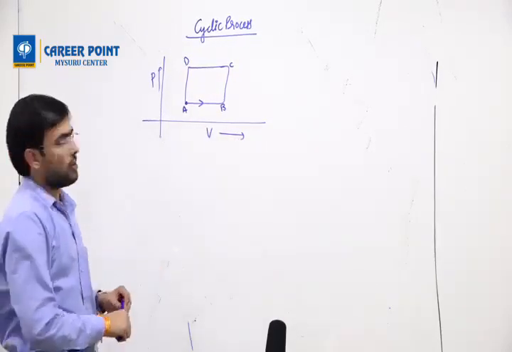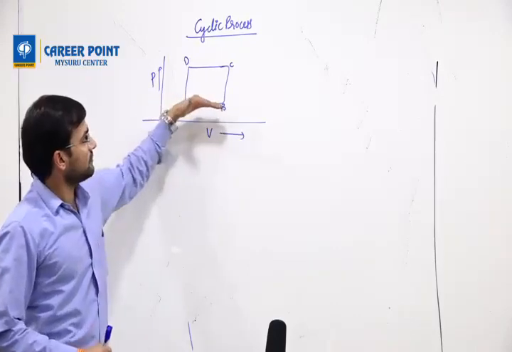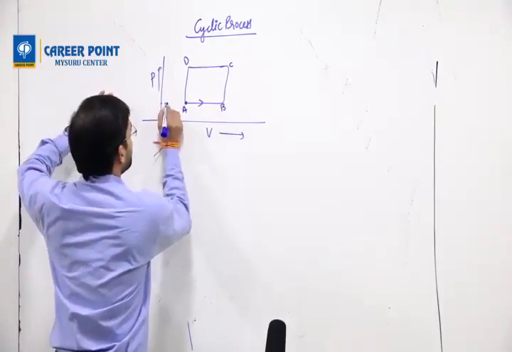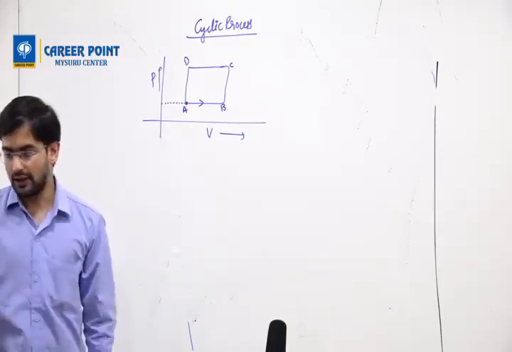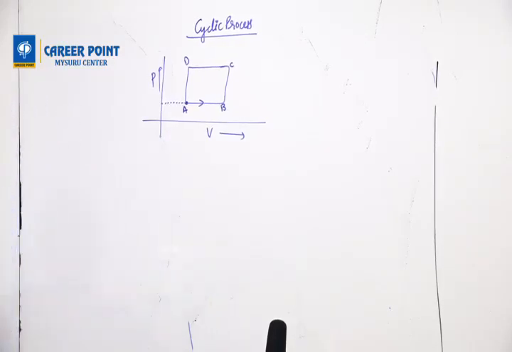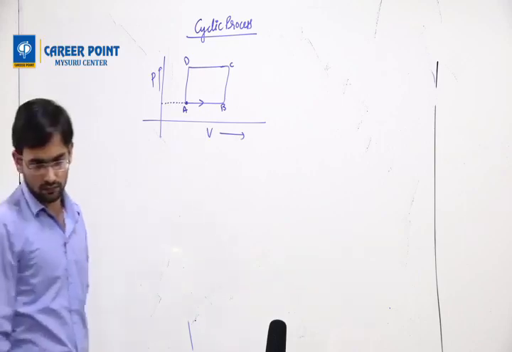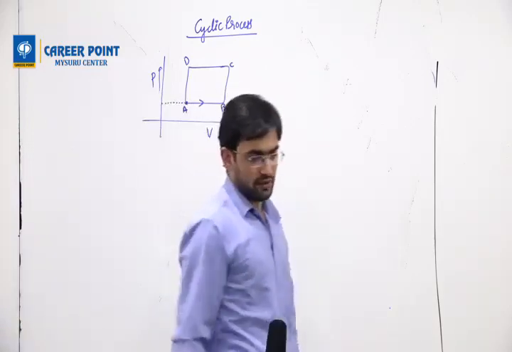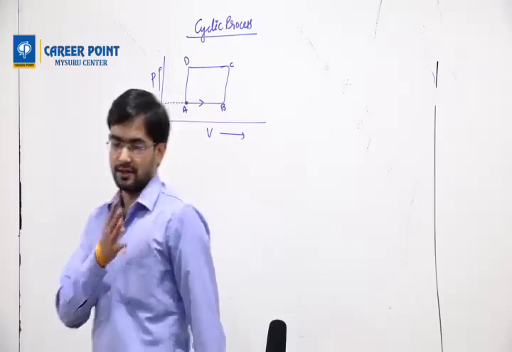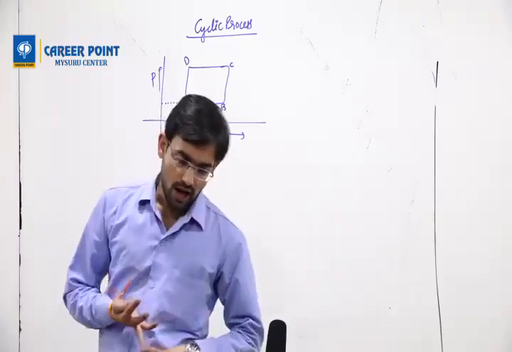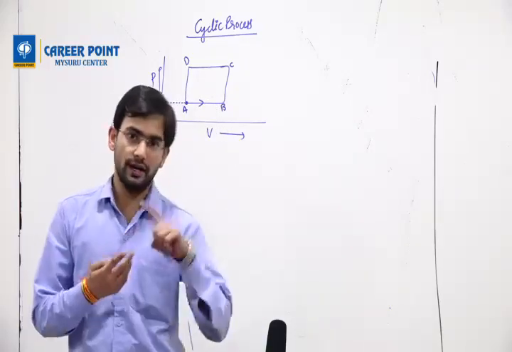Now on moving from A to B, can you tell me what type of process this is? I've taught you 4 types of process: isothermal, isobaric, isochoric, adiabatic.